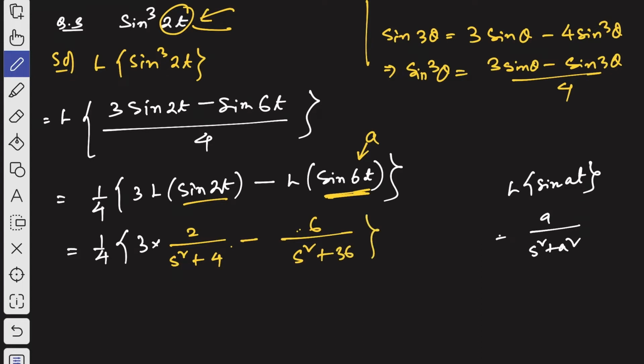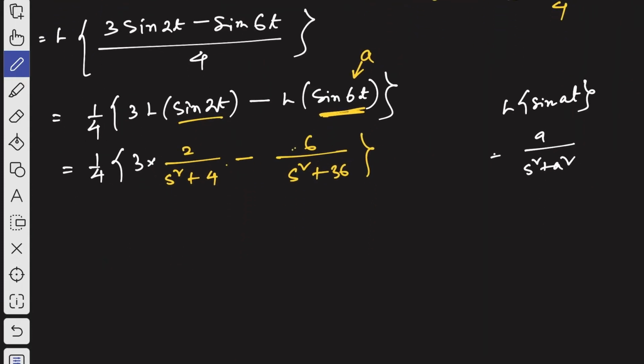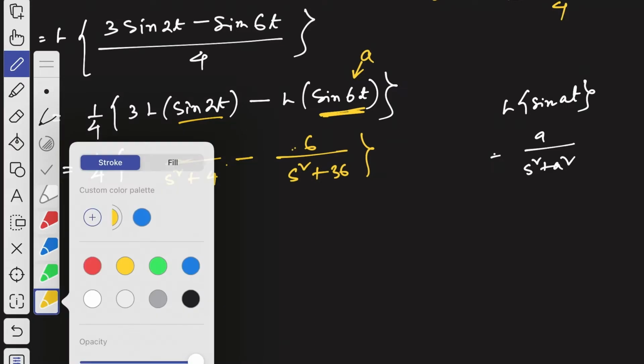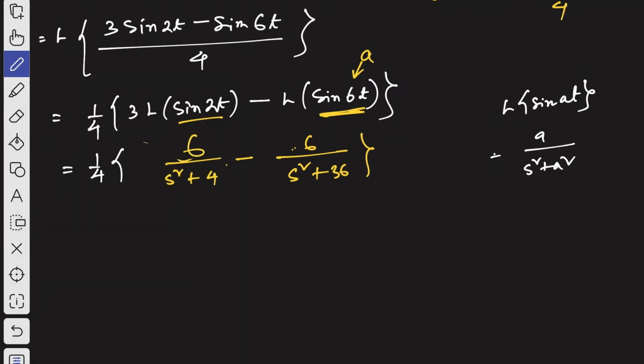So now let us take LCM here. If you multiply these 3 with this 2, then you will get 6, right? So let me write here directly 6.